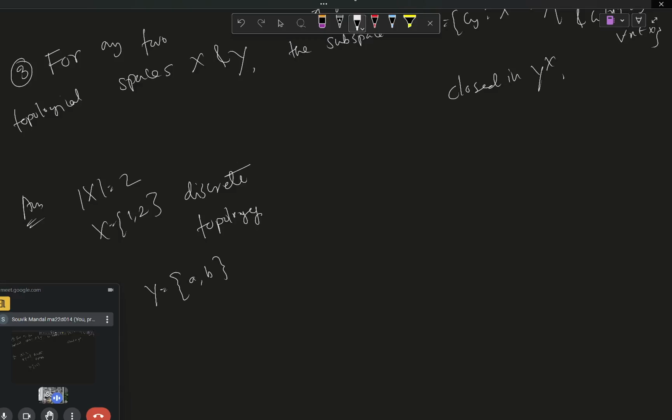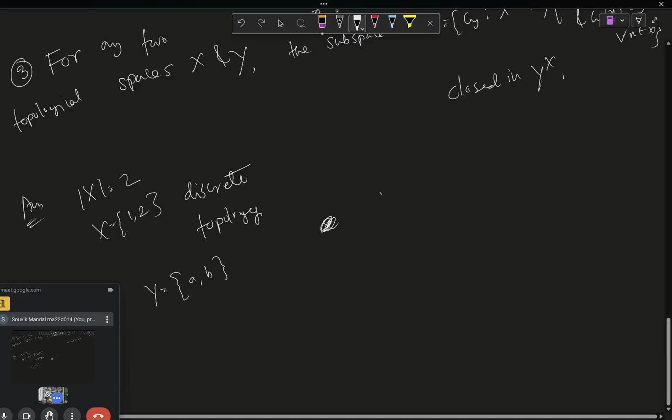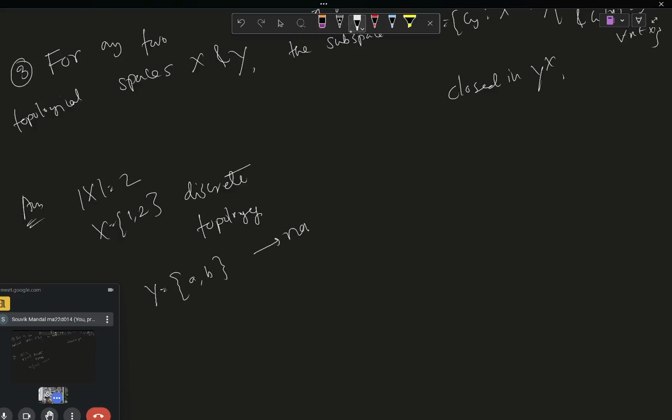Y is a single term, and the topology is non-homogeneous. So let's take the non-homogeneous space. Okay.